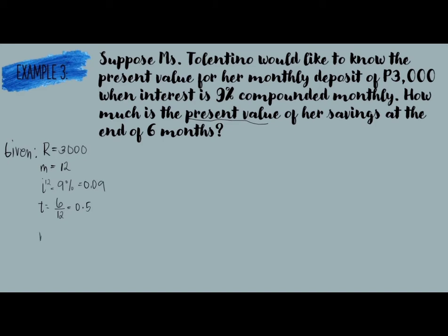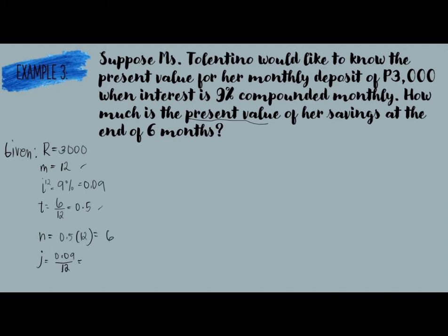Okay, so now let's compute for the n. N is time times m. So, 0.5 times 12, that is 6. Then, yung j naman, or yung nominal rate over the frequency, number of the conversion period, 0.09 divided by 12.